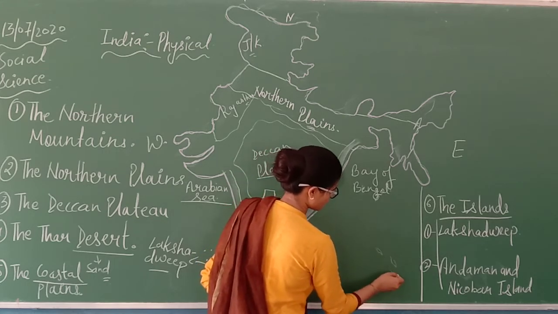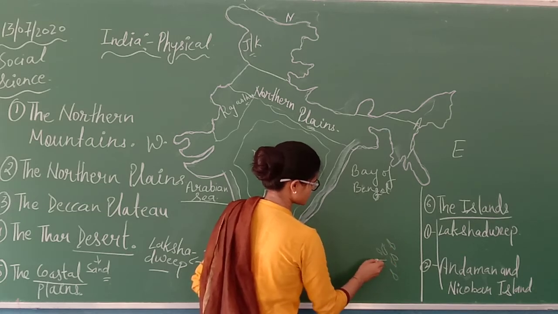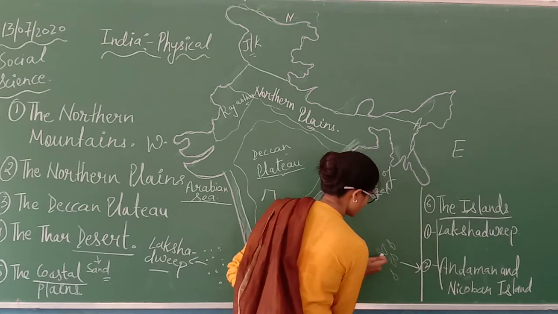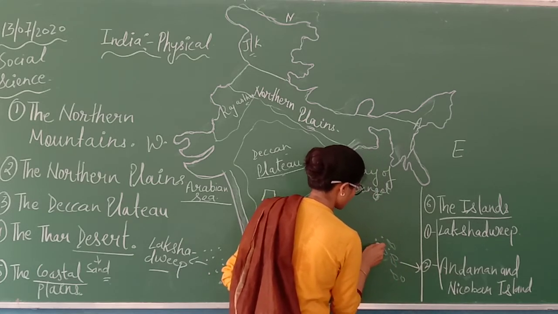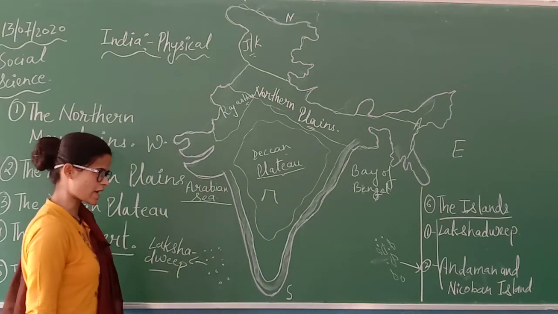So like this you will find small areas, and these are your Andaman and Nicobar Islands. My dear students, these are the two very important islands.